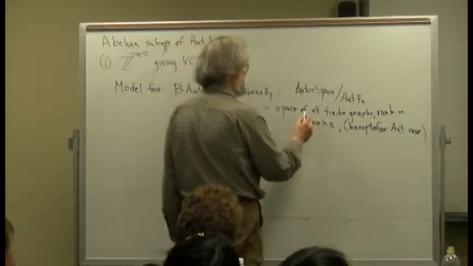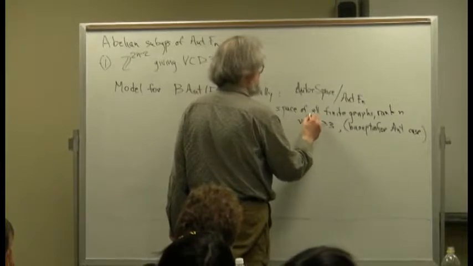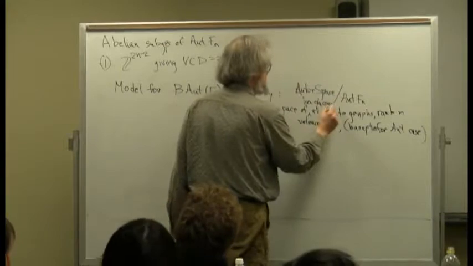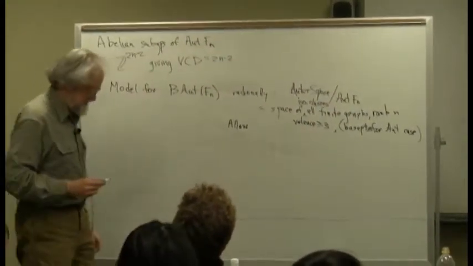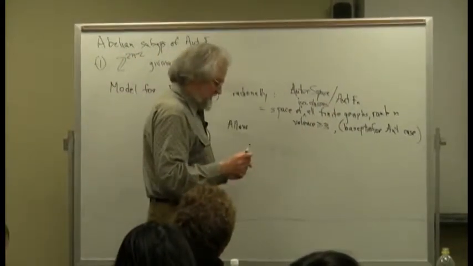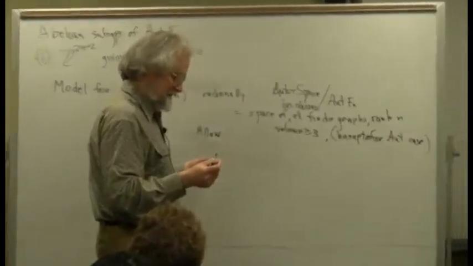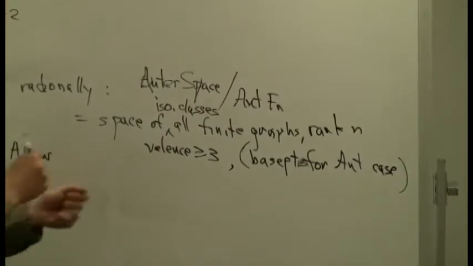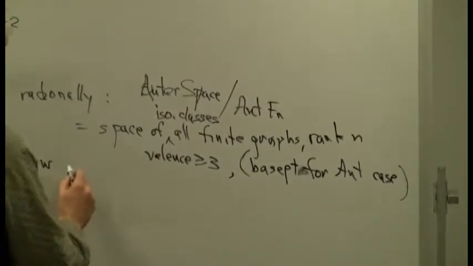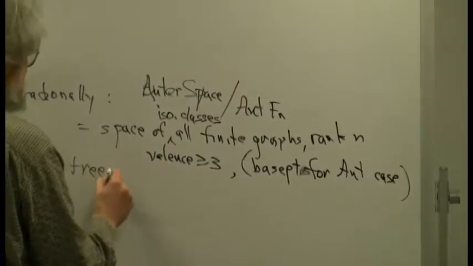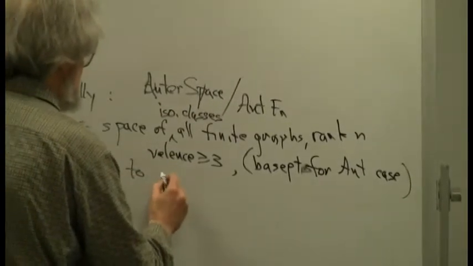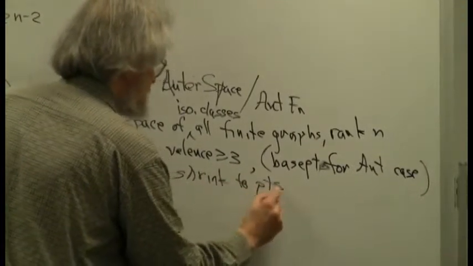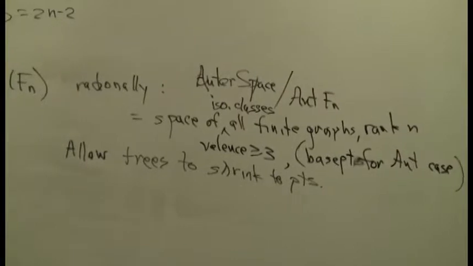So these are isomorphism classes. So if two graphs are isomorphic, you consider them the same. That sort of looks like a combinatorial object, a discrete object, but you put lengths on the edges to get an actual space. So you allow trees, subtrees, to shrink to points. So that's just a rough definition of it.